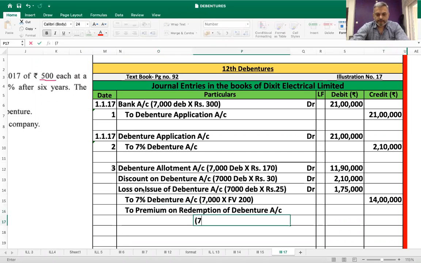Write in bracket 7,000 into rupees 25, 1,75,000.